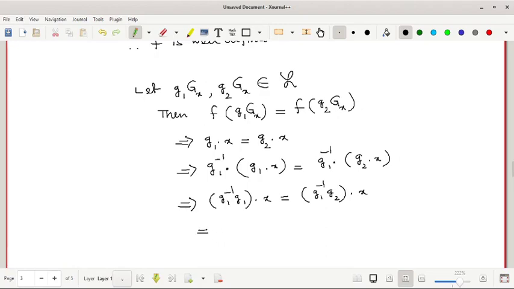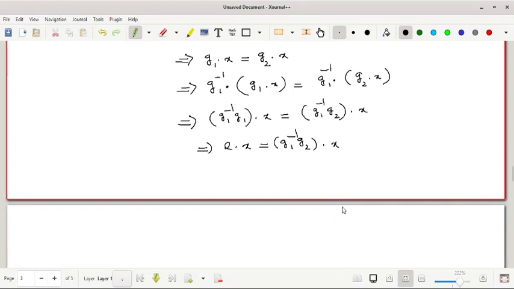But what is g1 inverse g1? Identity. Identity dot x equal to g1 inverse g2 dot x. But e dot x is x. So x equals g1 inverse g2 dot x. What does it mean?